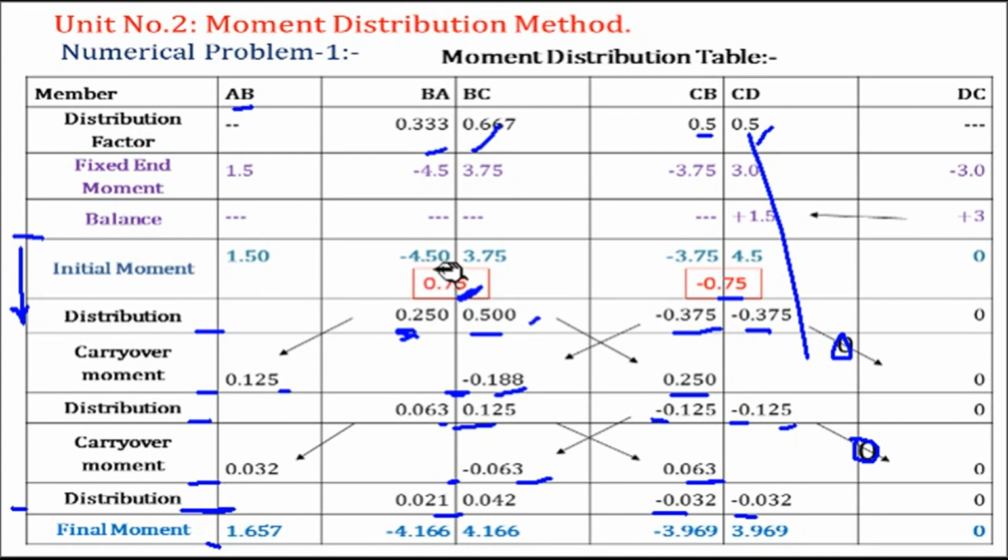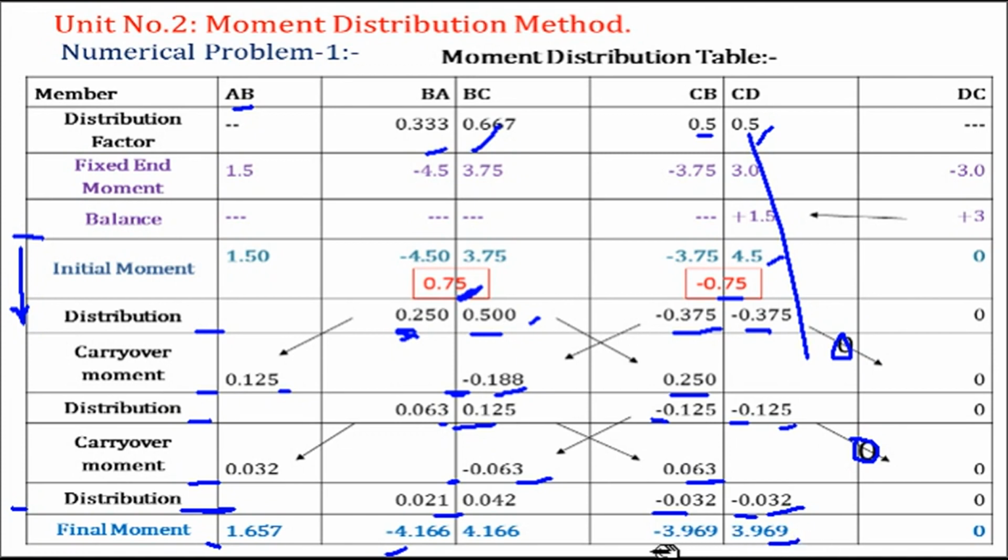The next one, minus 4.50 plus 0.250 plus 0.063 plus 0.021, we have minus 4.166. Again adding all these we have 4.166. Next one, minus 3.75, add all these moments, we have minus 3.969. Then 4.5 plus minus 0.375 minus 0.125 minus 0.032, we have 3.969.